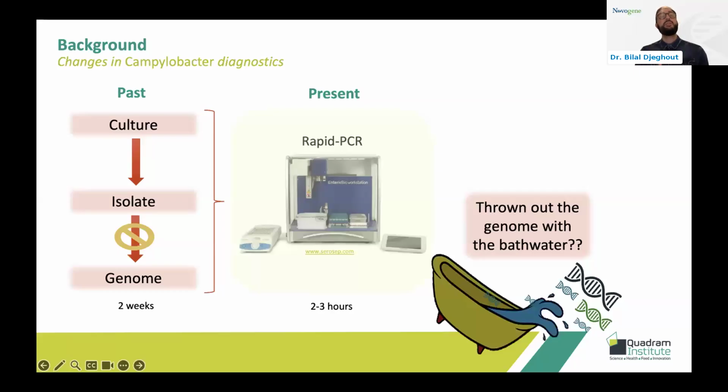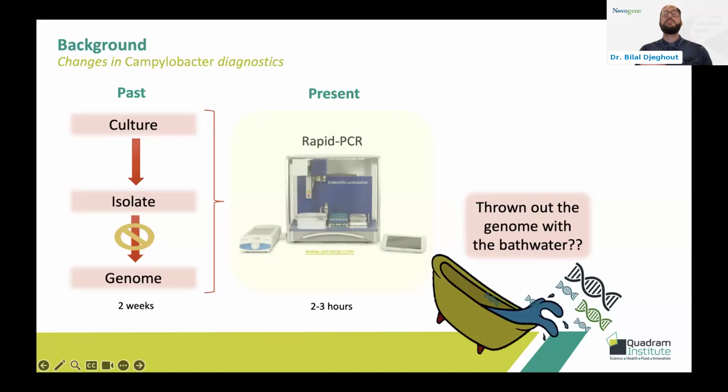Historically, in our region of the UK, before 2016, culture was considered the gold standard for diagnosis. However, this changed with the introduction of rapid PCR methods. While rapid PCR offers quick results, providing a simple yes or no for Campylobacter, it comes with limitations.